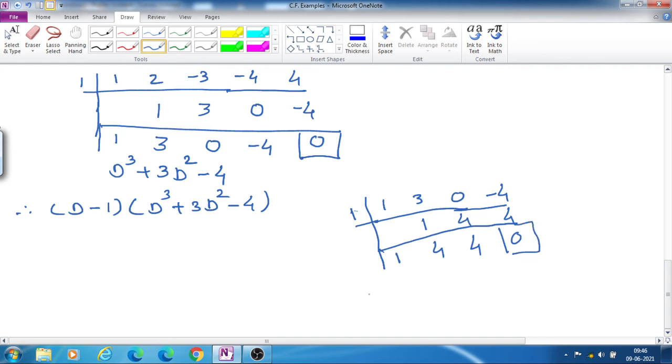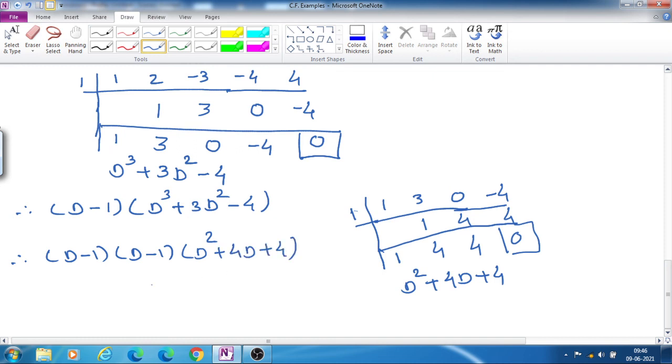So the next factor is D² + 4D + 4. Therefore the factors are D − 1, D − 1, and D² + 4D + 4.